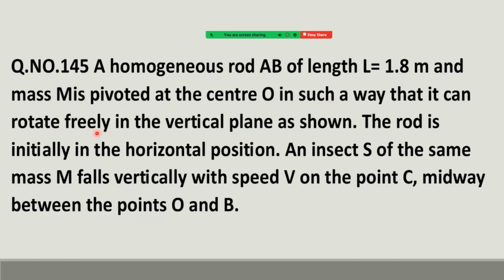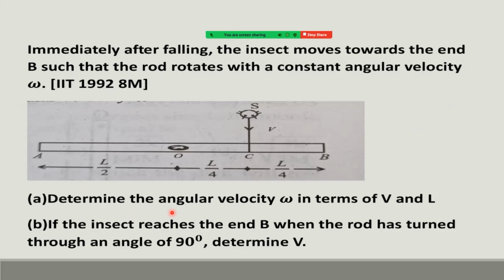Given it can rotate freely in the vertical plane, that means the axis is now horizontal. The rod is initially in the horizontal position. An insect S of the same mass falls vertically with the speed V on the point C, midway between the points O and B. See diagram.